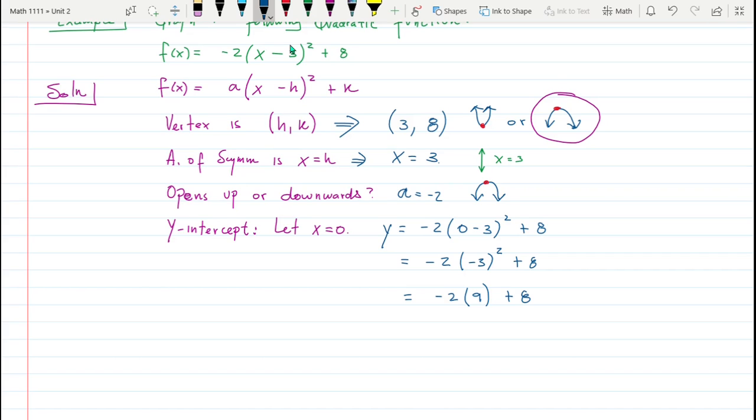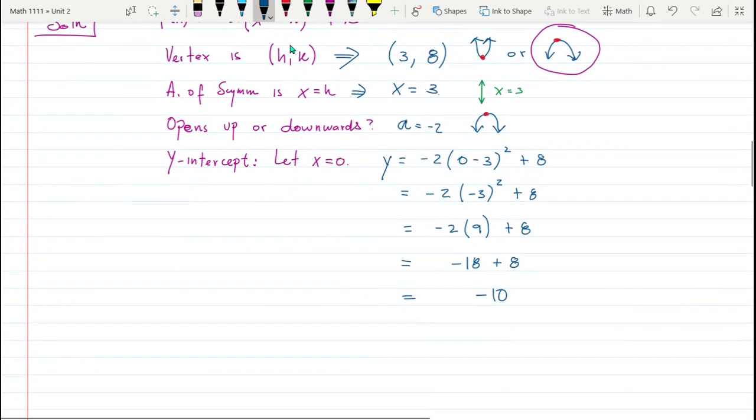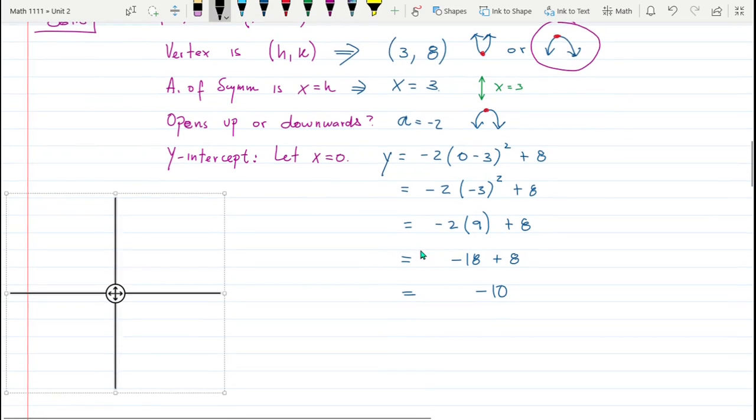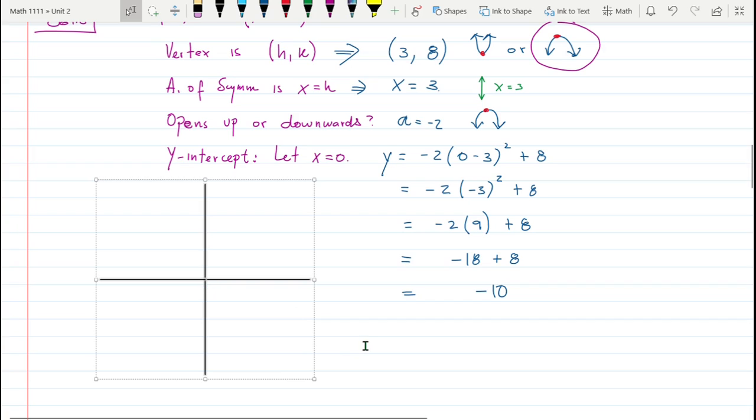This becomes -2 times 9, which is -18, plus 8. This is going to give us -10. So here's another important part for our graph. We're going to have the y-intercept go through the point 0, -10.